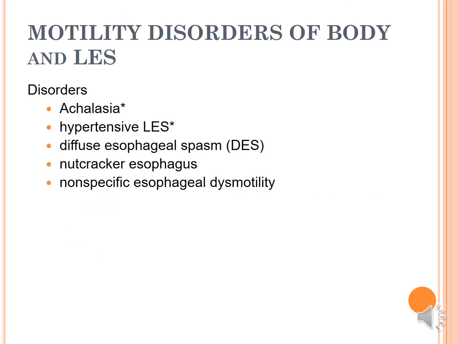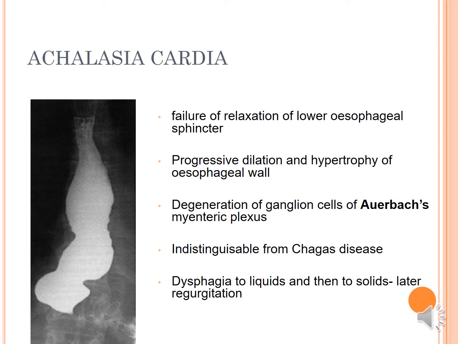Motility disorders of the body and the lower esophageal sphincter. The disorders are mainly the achalasia cardia, hypertensive lower esophageal sphincter, the diffuse esophageal spasm, the nutcracker esophagus, and the non-specific esophageal dysmotility. Coming on to one of the important conditions, that is the achalasia cardia.